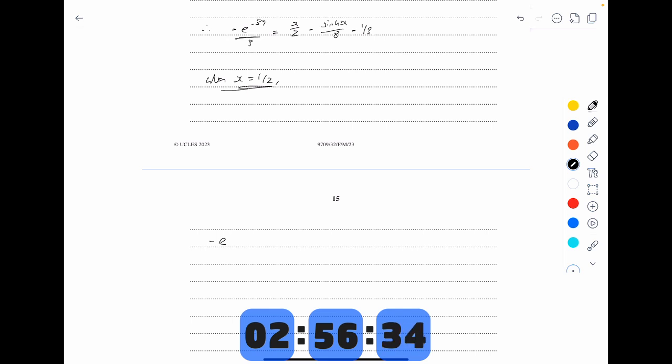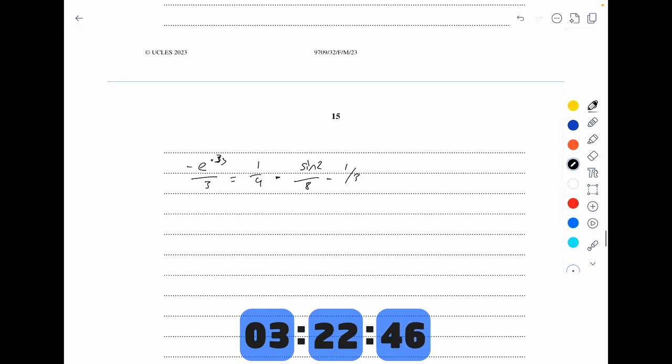so negative e to the negative 3y over 3 is going to equal a quarter minus sine 2 over 8, okay, minus a third, right?